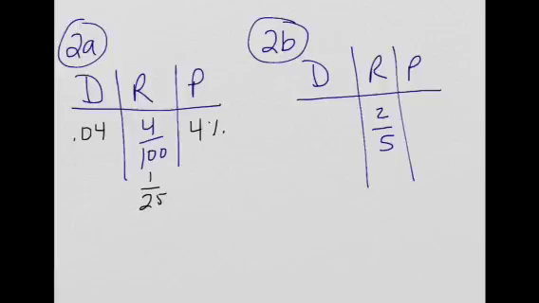So let's go back to the ratio. 4 goes into 4 one time, 4 goes into 100 25 times. This is also 400, so that helps us with our decimal. Or you can just do 4 divided by 100 on your calculator and it will give you 0.04. The next one we can do on our calculator, we would plug in 2 divided by 5 is going to give us 0.4. And then we're going to move that decimal 2 places to the right, which is going to give us 40%.